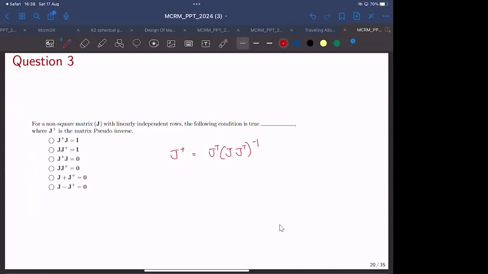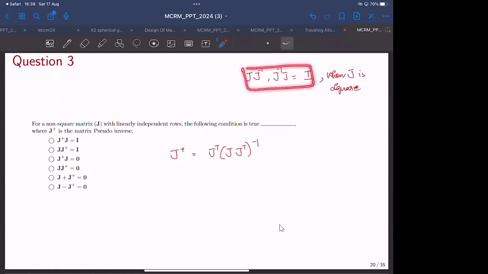when the Jacobian matrix is square, you know that J inverse J is the identity matrix, right? When J is square. So when the J matrix is not square and we have to use the pseudo inverse, whether the left or the right pseudo inverse, this may not be true.